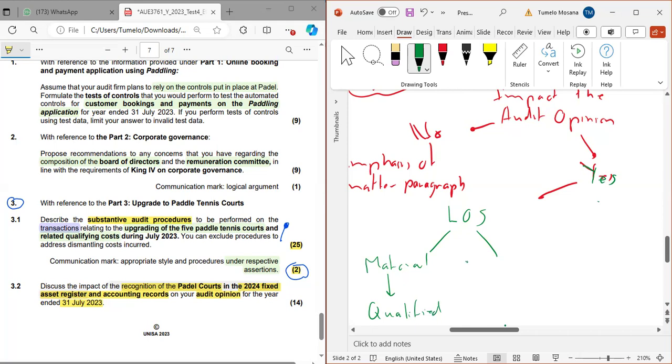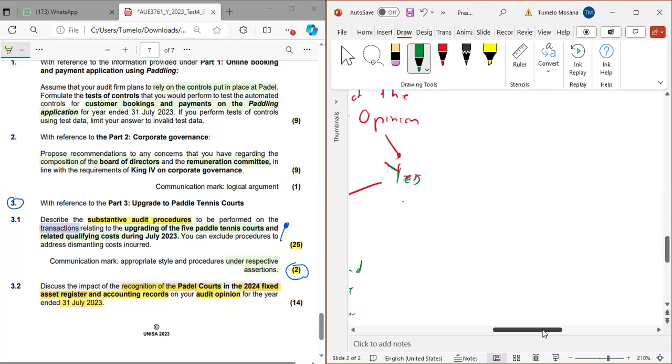Then if it is material and pervasive, you would issue a disclaimer.